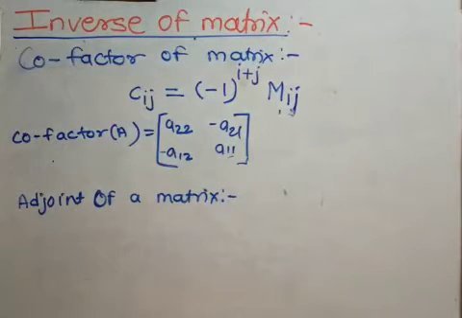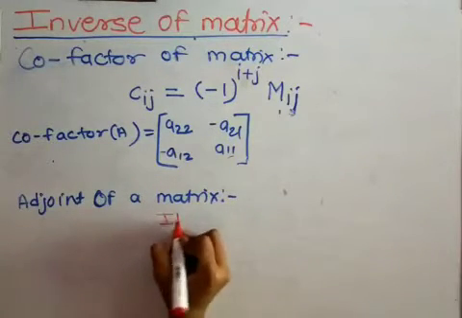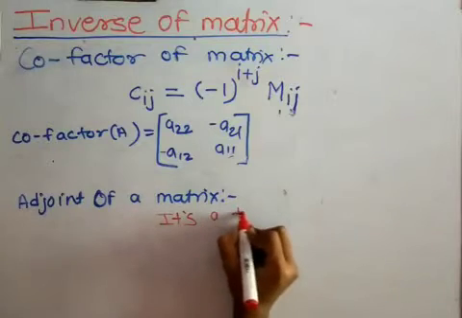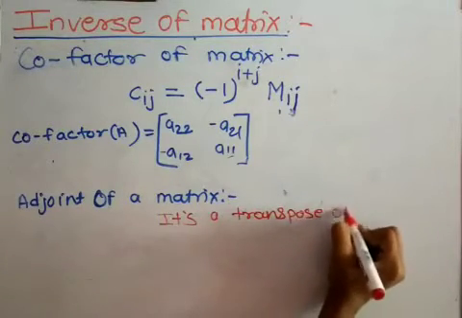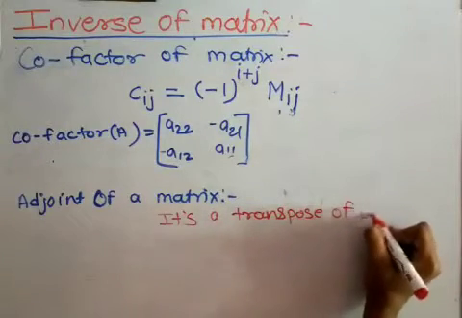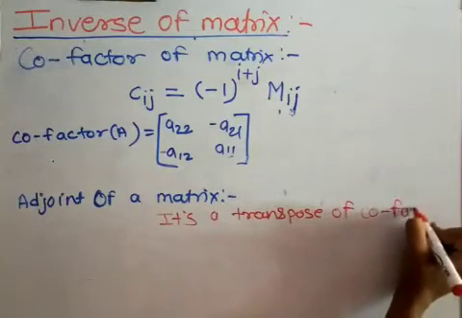Adjoint matrix is obtained by transpose of cofactor matrix. It is a transpose of the cofactor matrix.